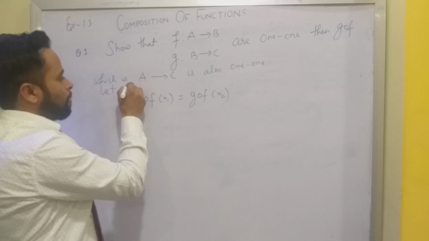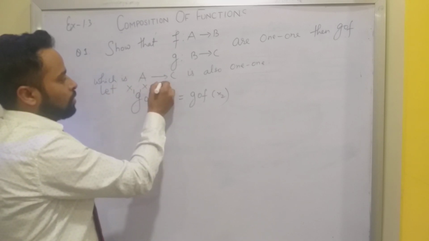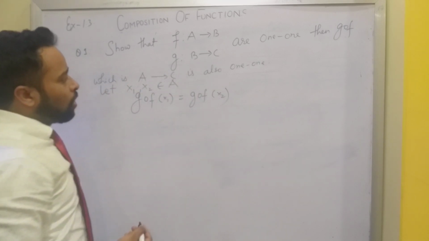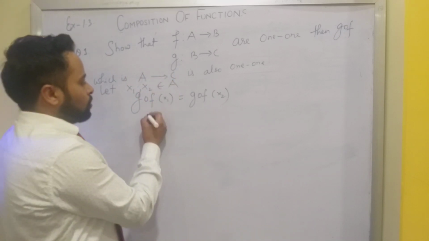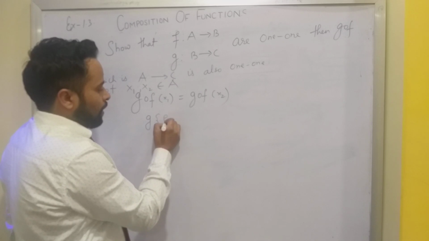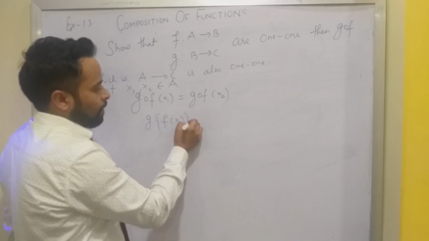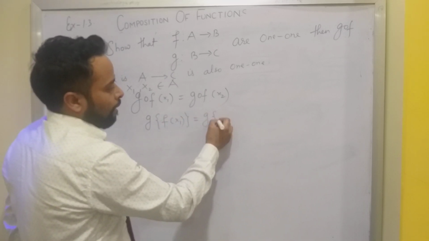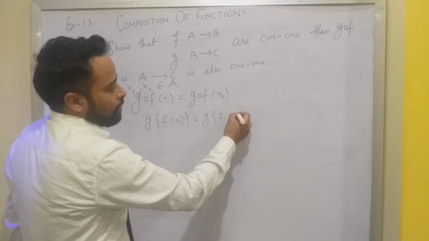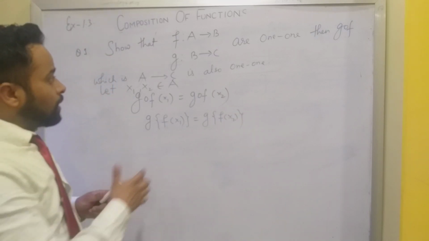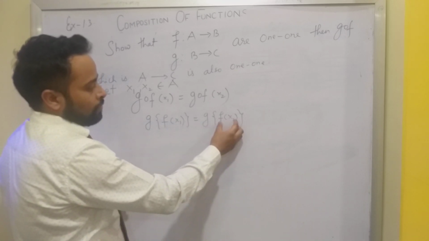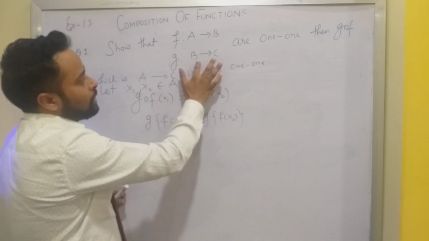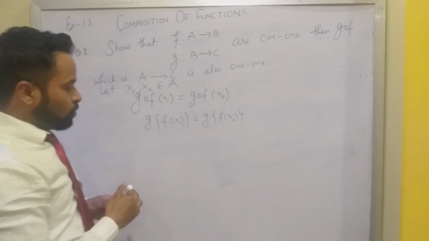Let x1 x2 belong to set A, because GOF's domain set is A and codomain set is C. So G of f of x1 equals to G of f of x2. We know that function g is 1 1. G is 1 1 means what?